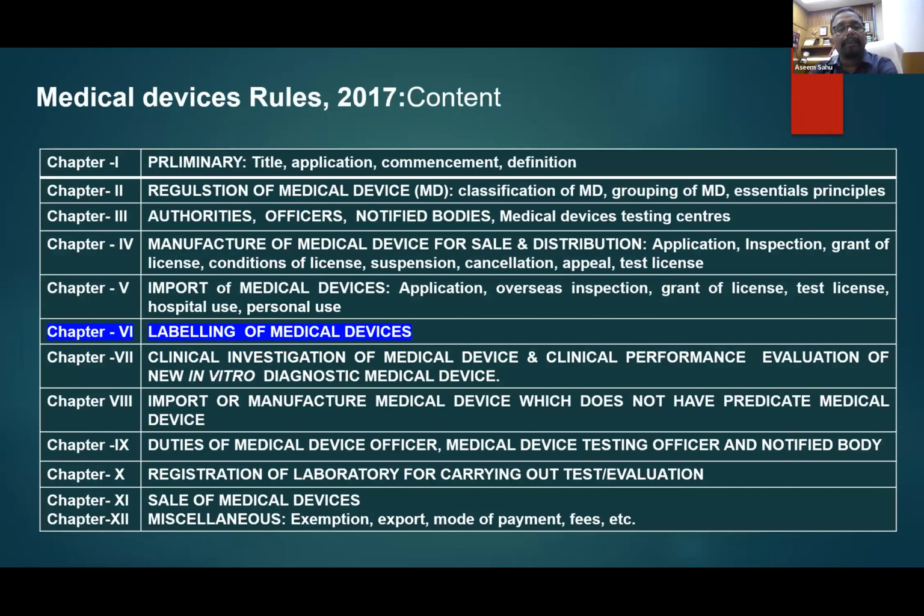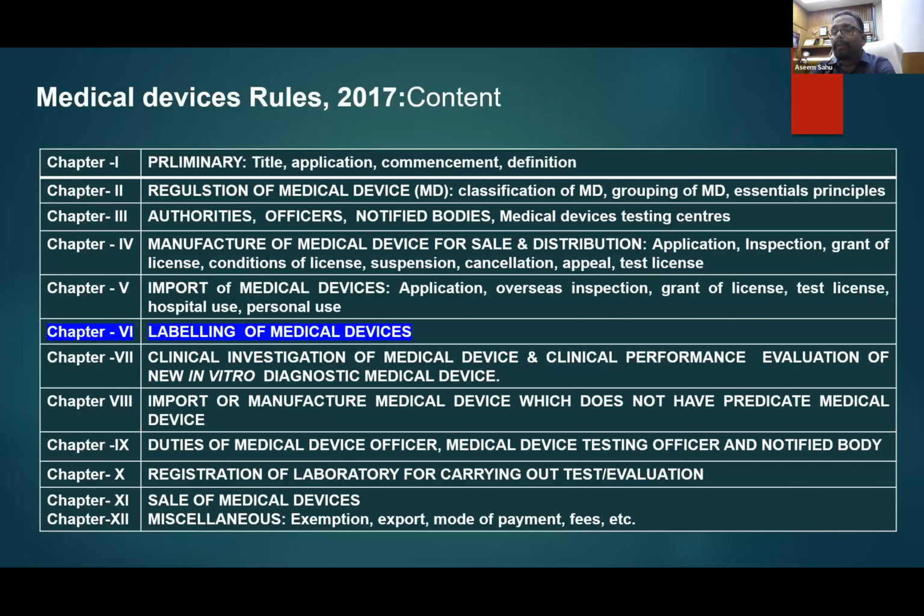If we go through the chapters one by one, Chapter 1 is the preliminary chapter: title, application, and commencement, and the definitions are also included in this chapter. Chapter 2 has the provisions for classification, grouping, essential principles, and standards. Chapter 3 has the provisions for the authorities responsible for various activities under the Medical Device Rules.